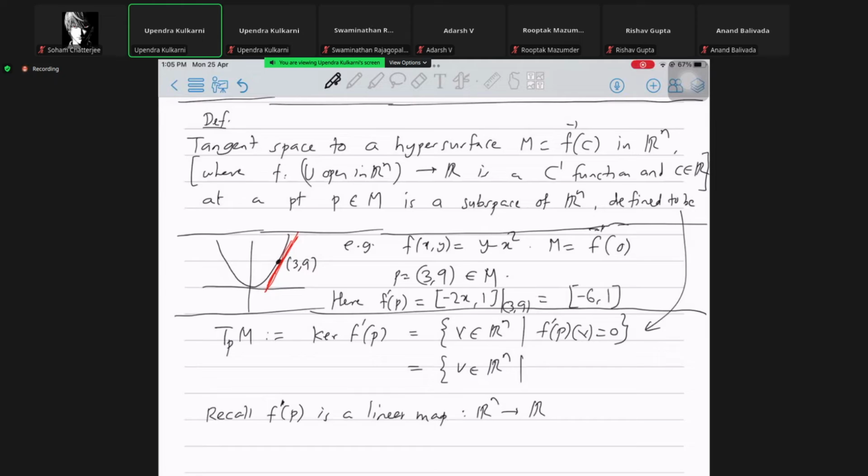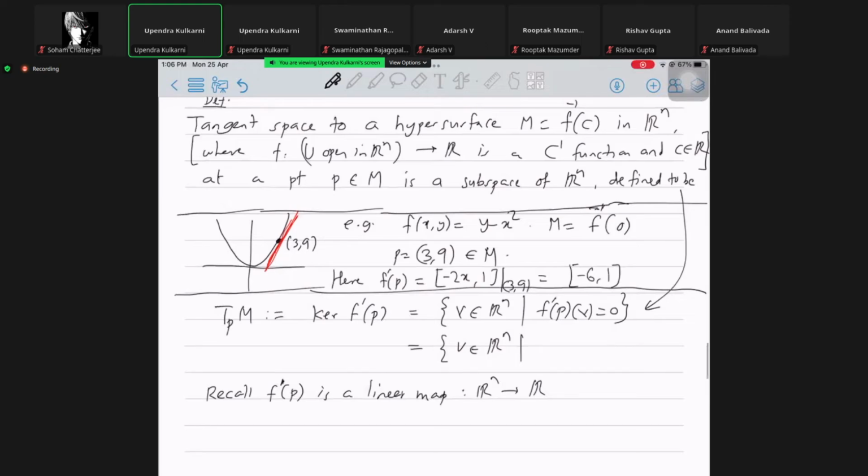Now, if you think of this as a map, what is the kernel of this map? Sorry, I mismanaged this. I really should have done this example later.